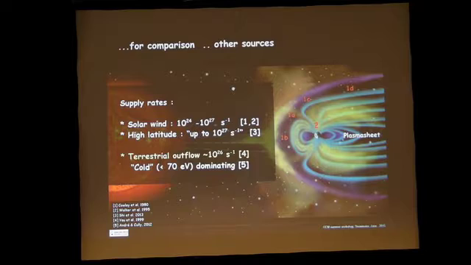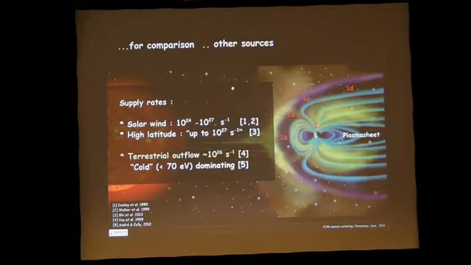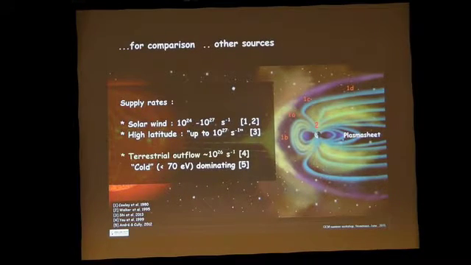There's a fairly recent study here by Shi et al. a couple of years ago that gives these numbers. And the terrestrial outflow is of the order of 10^26, where perhaps under certain conditions the cold outflow actually dominates. So the cold ion outflow is actually a significant contributor to the plasma sheet and to the magnetosphere.